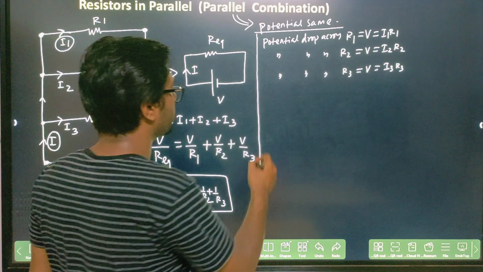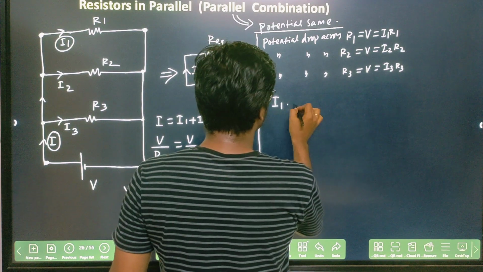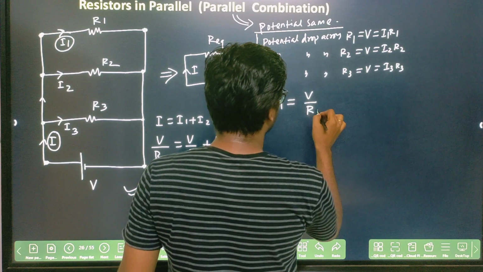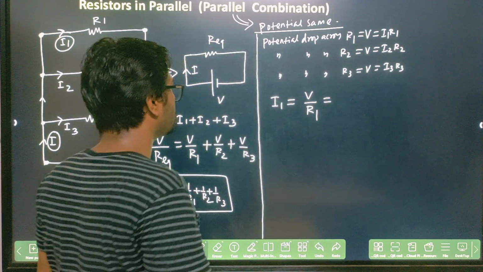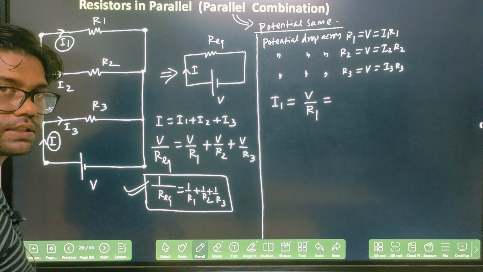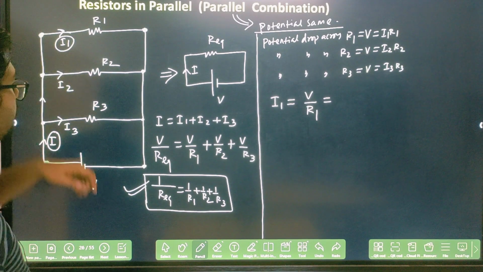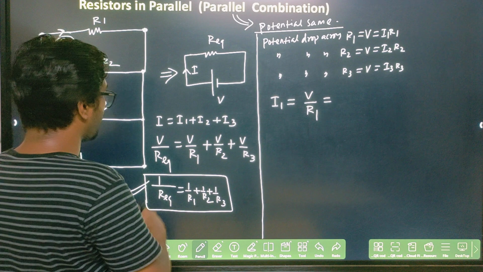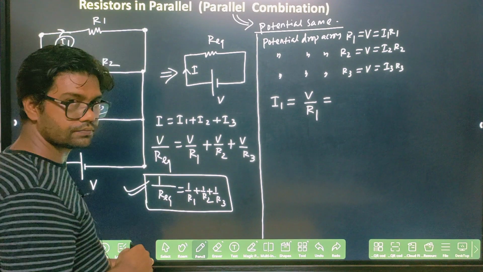I1, right? So I1 is basically V by R1, and V is how much? How can you write potential? Potential can be written as R equivalent into I, right?